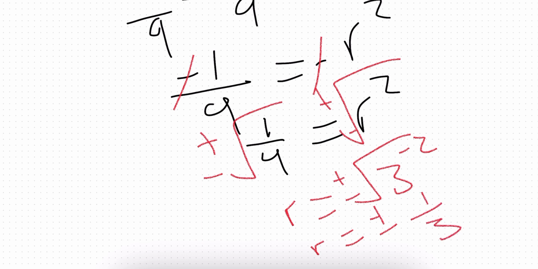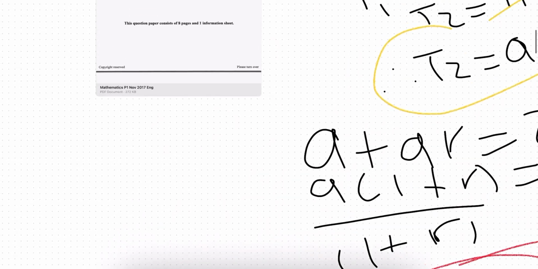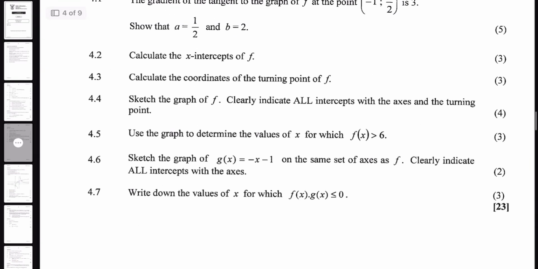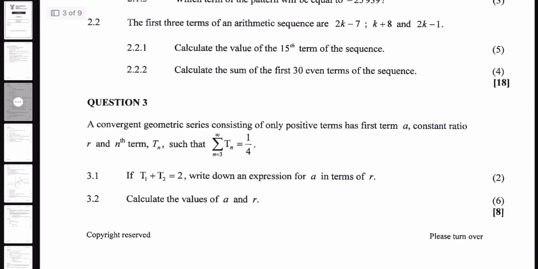1 over 3. So now you'll have to ask yourself, which r is applicable in my system? Let's go back to the question. Because now you have r that's positive and r that's negative. Let's go back to the original question. What did they say about r? Consisting of only positive terms.